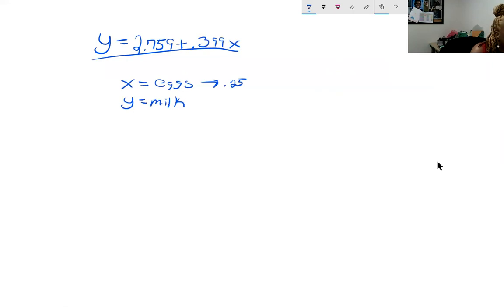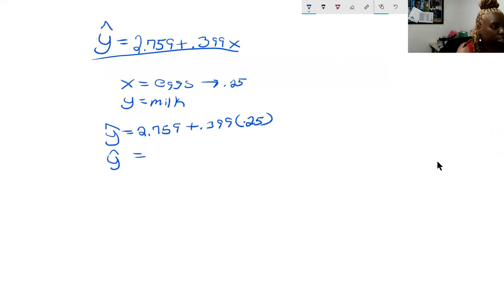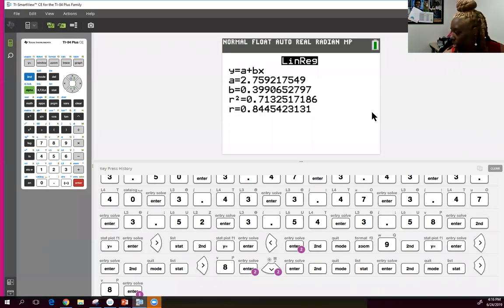All right, so then we just take our equation because we're predicting 2.759, right, plus 0.399 times 0.25. Pop that in our calculator. And that should be Y hat, sorry about that. And figure out what we're going to get. So let's see. All right. So I'm just going to pop that into my equation.